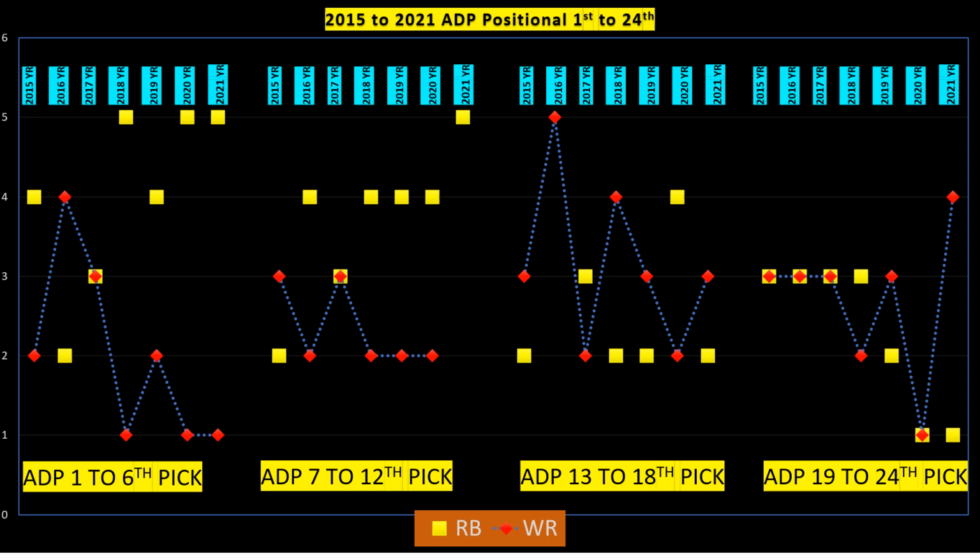And what's interesting, if you just think about rounds, you say, okay, round 2, but actually, if you cut it into slices of 6, you see an interesting situation where in the back half of round 2, we tend to see this equalization of RBs and WRs coming in at the same level. Certainly in 15, 16, and 17, it was 3 and 3, and then it was 3 and 2, and then 3 and 2, and in 2020 it was 1 and 1.